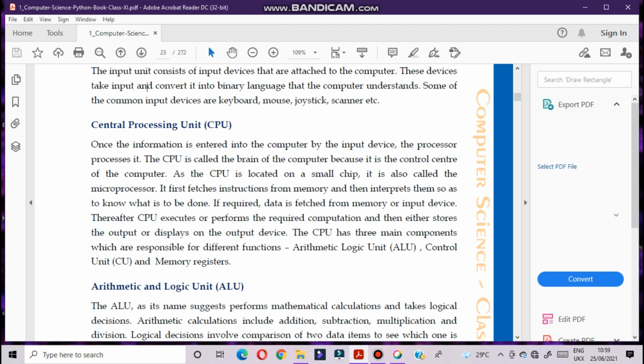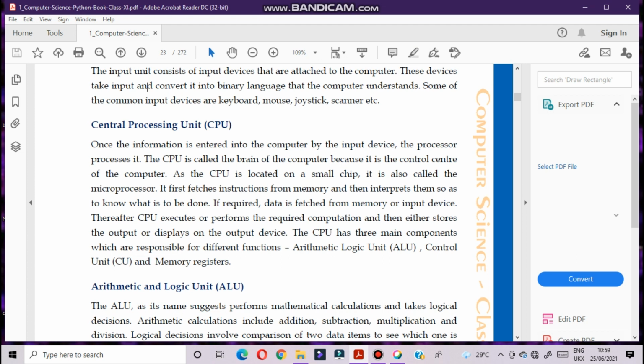If required, data is fetched from memory or an input device. Thereafter, the CPU executes or performs the required computation. After fetching, what will the CPU do? It executes or performs the required computation, and then either stores the output or displays it on the output device.